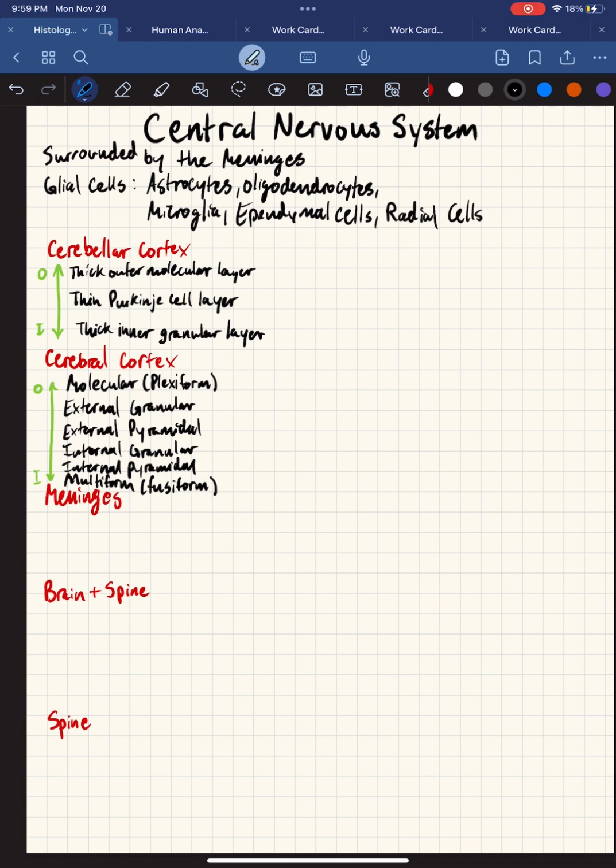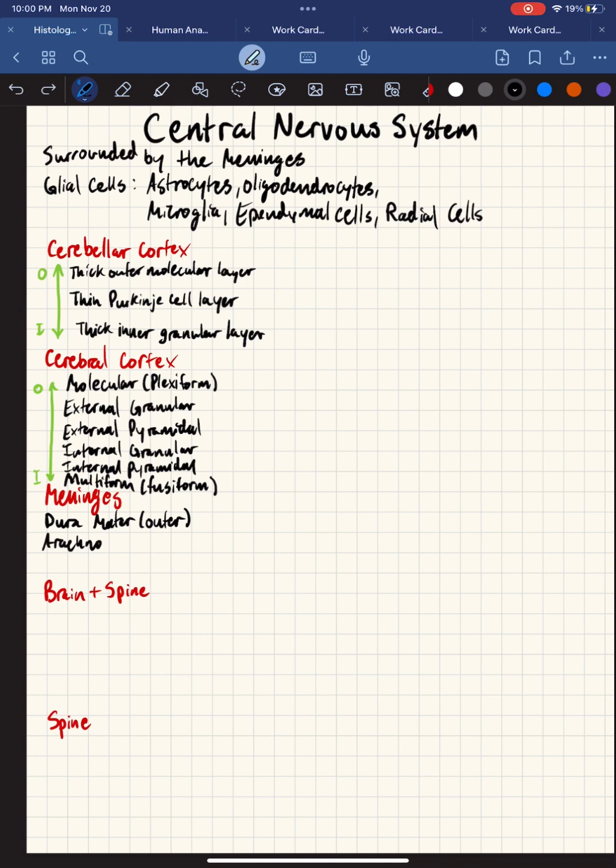Now we've got the meninges, which does get a little more complex, even though there's only 3 layers, because those 3 layers do a couple neat things. So we've got the dura mater, I don't know, I'm not Latin. And that's going to be the outermost layer. And then we have the arachnoid layer, like the spider.